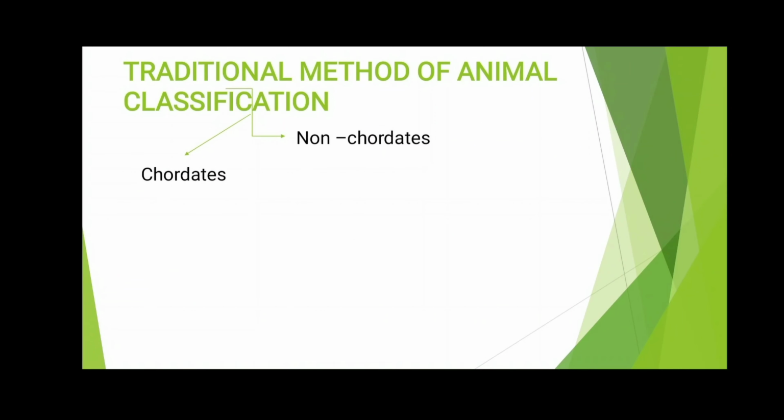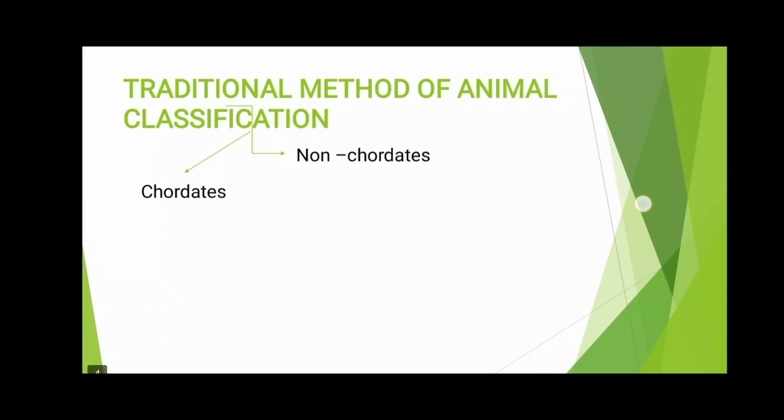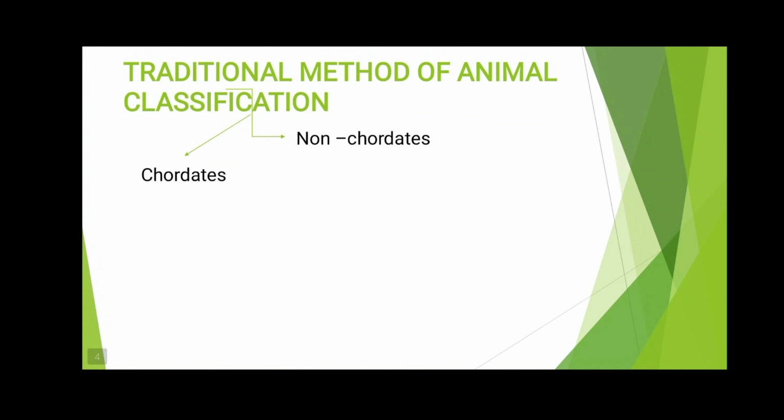Okay, so students, tell me what is notochord? Notochord is a long rod-like supporting structure present on the dorsal side of the animal body. It keeps the nerve tissue isolated from the remaining body.